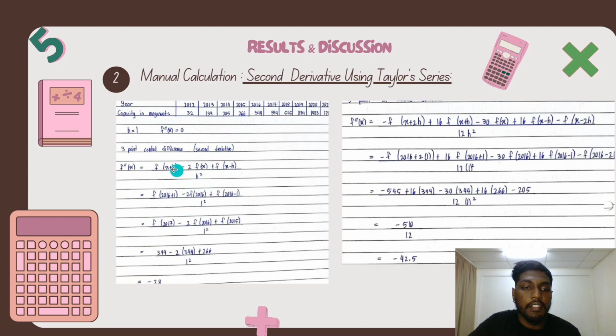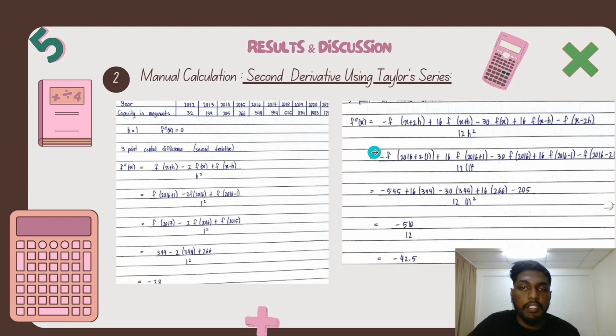So after we see the x plus h, we substitute the 2016 value, where 2016 plus 1 equals 2017. The 2017 value is 394 and I substitute all, and the final answer is negative 28.